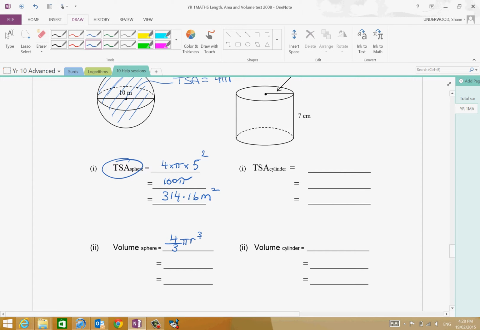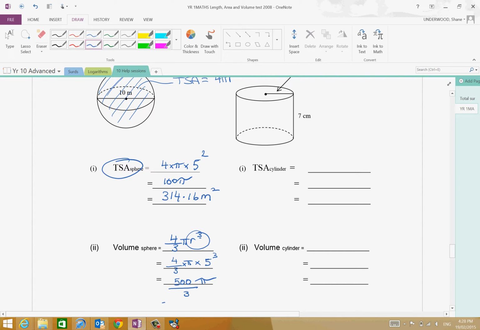So this time we've got 4/3 times pi times, be careful though, it's r cubed, and our radius is 5. 5 cubed, do it in your calculator, is 125. 125 times 4 is 500, so that's going to be 500 on 3 pi.